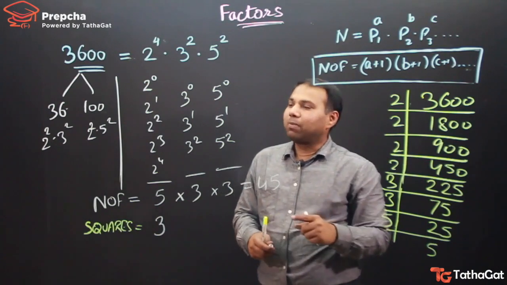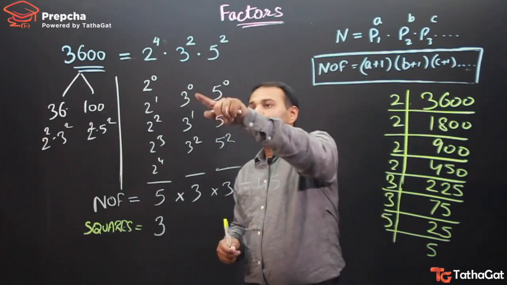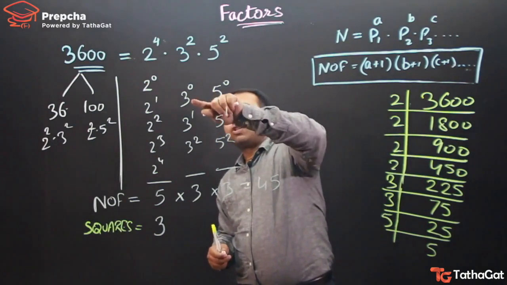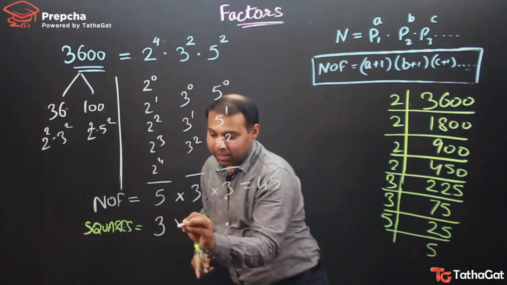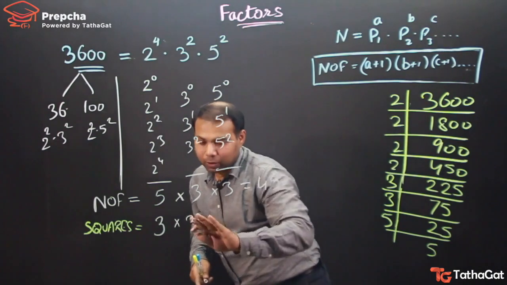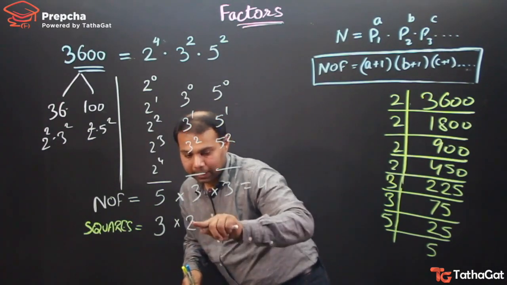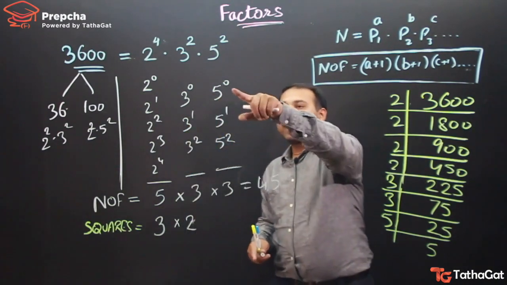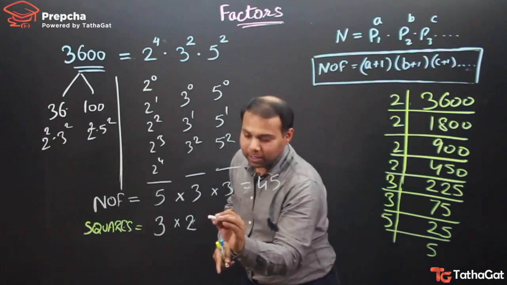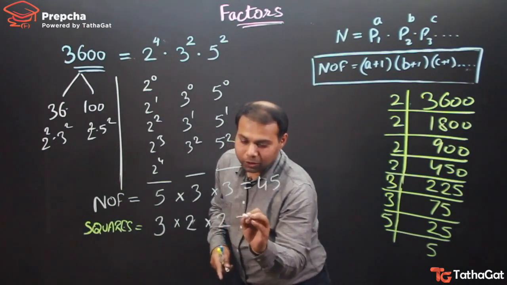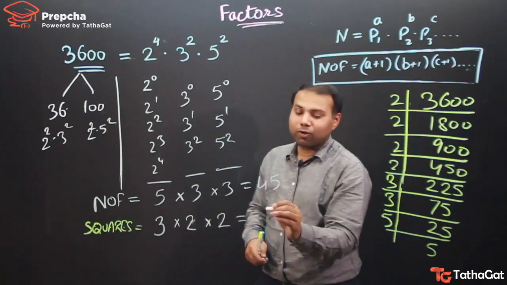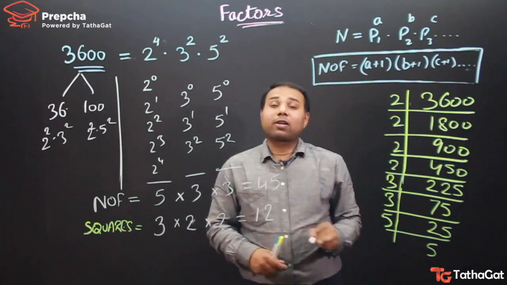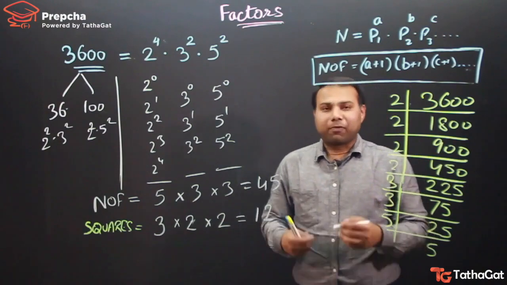For a number to be a square number, the powers should be even in quantity. So 3 power 0 or 3 power 2, these are the only 2 cases which can be included in this factors list. And for powers of 5, again I can select 5 power 0 or 5 power 2 only, so there are exactly 2 more cases. So in all I get 3 times 2, which is 6, times 2, it is 12. So there are 12 factors of this number 3600 which are perfect squares.